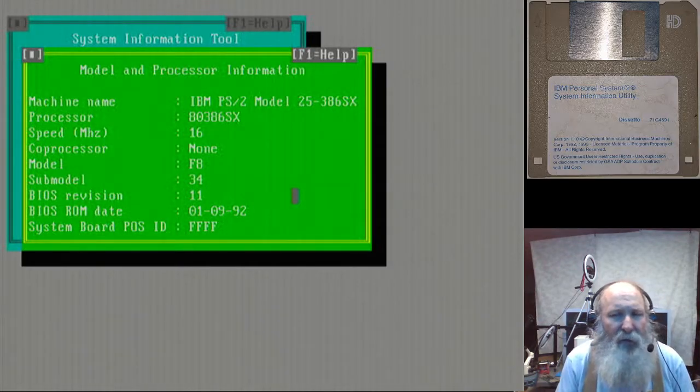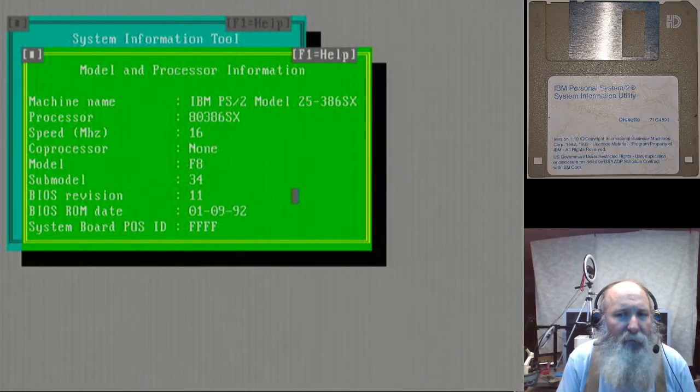I do have a 20 megahertz 25SX that came that way from the factory, and I even have a third 25SX that I went through and modified, changed out the crystal, put a socket in place, and I saw that it had a 386SX CPU that was capable or even rated at 20 megahertz.